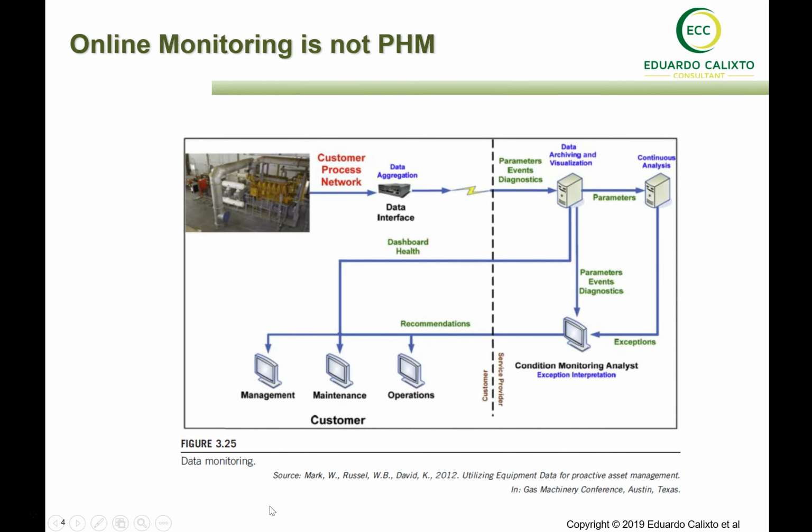Just to clarify and emphasize the difference between online monitoring and prognostic health management: prognostic health management will make the diagnostic automatically based on online information. This is one point. That means it will provide information about the level of state of health of the equipment, as well as predict the remaining life.